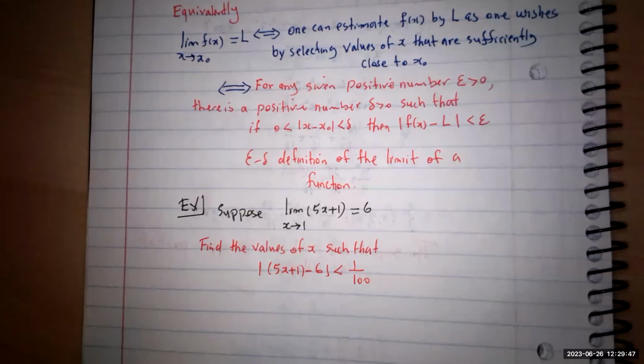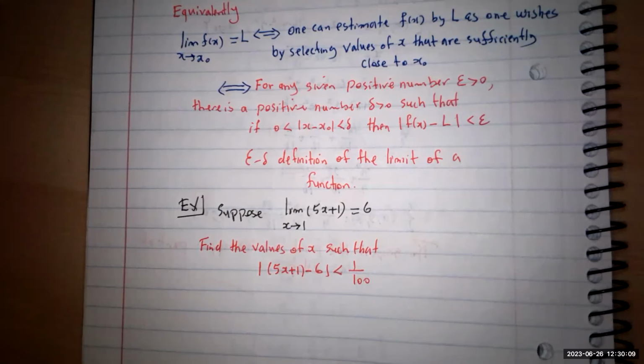So when you find those estimates for 5x plus 1, you are going to round it up to the 100th place to get the 6.